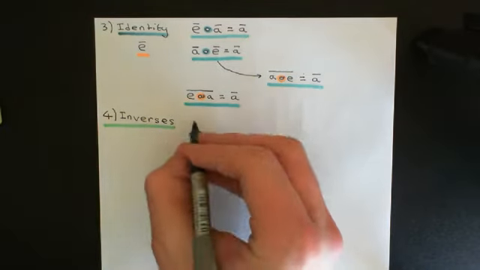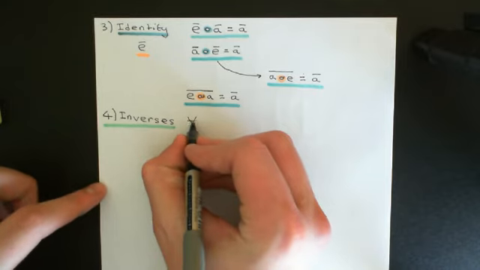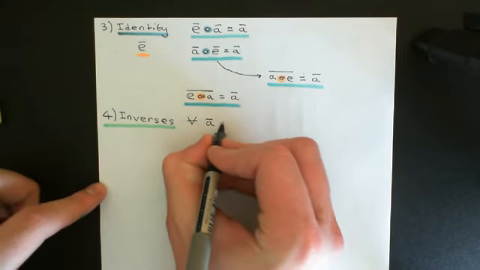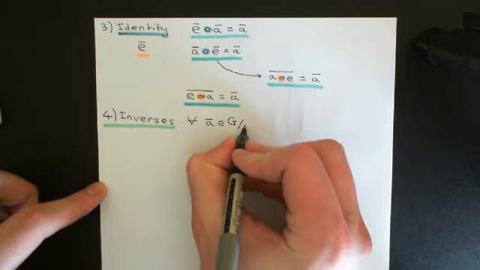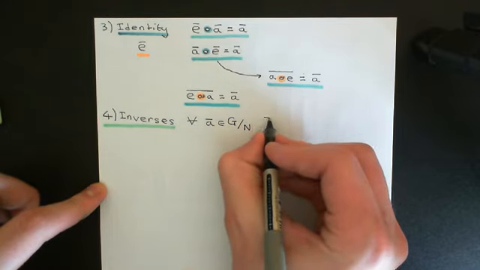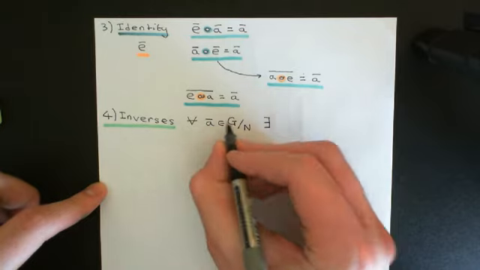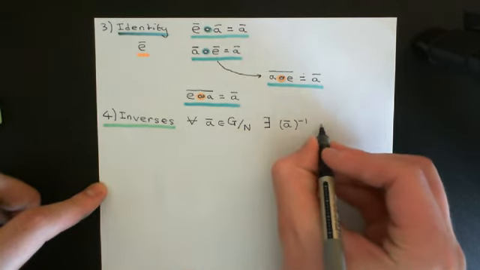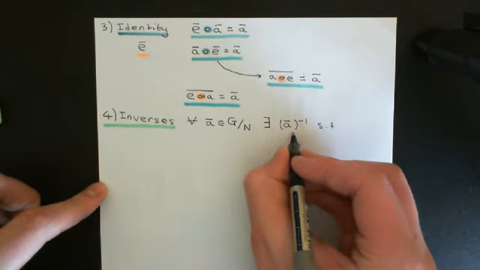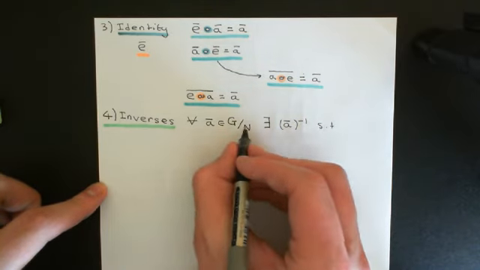Okay, so we want to show then that for all, let's say, A bar, which is an element of our quotient group, G over N, there exists another coset, which we'll call A bar inverse, and that needs to be an element of the quotient group as well.